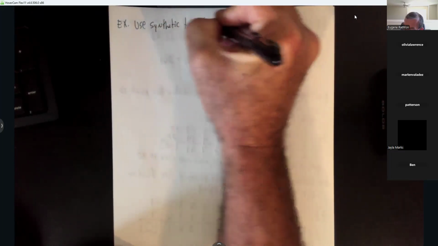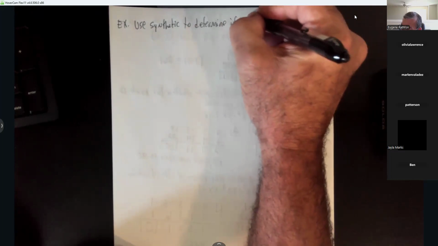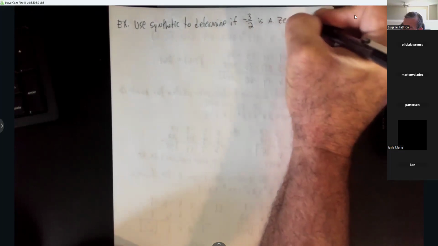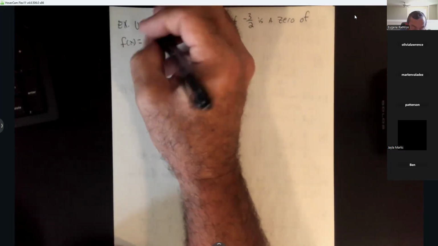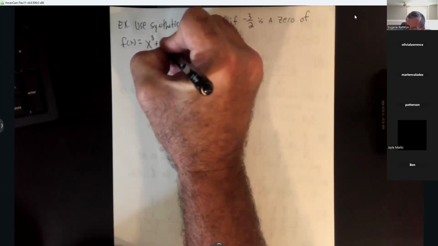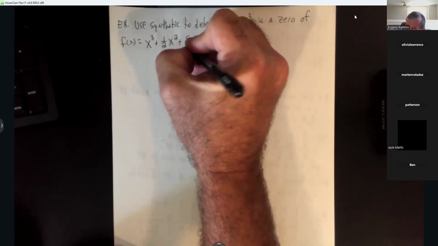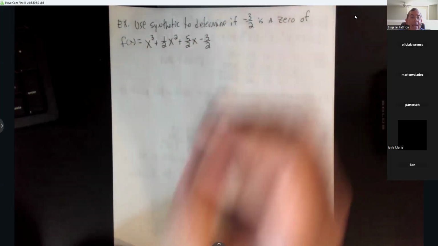All right, so we're going to use synthetic division to determine if a negative 3 halves is a zero of f of x equals x to the third plus 1/2 x squared plus 5/2 x minus 3/2.